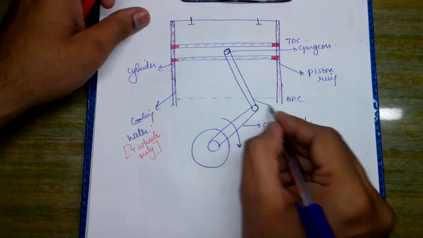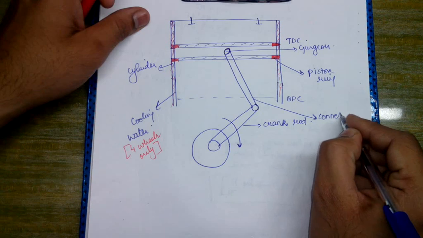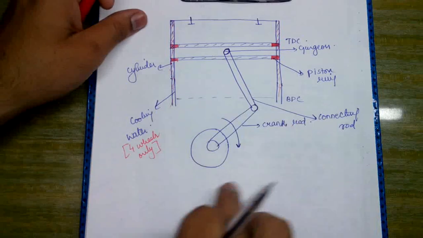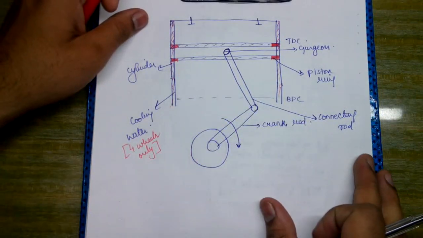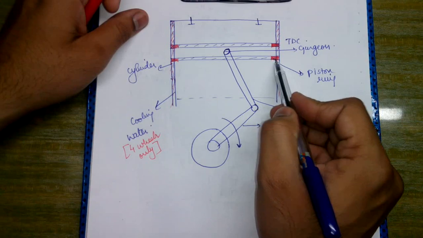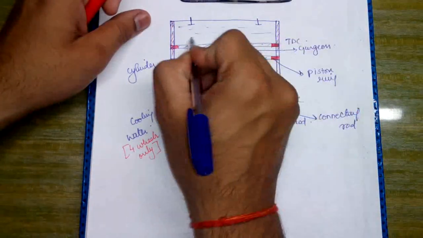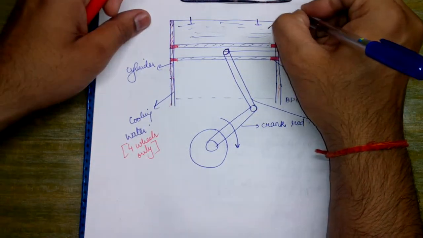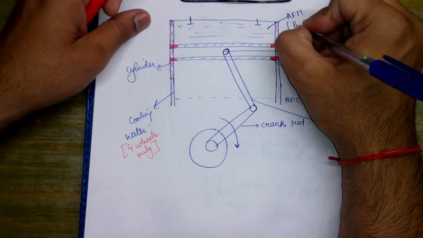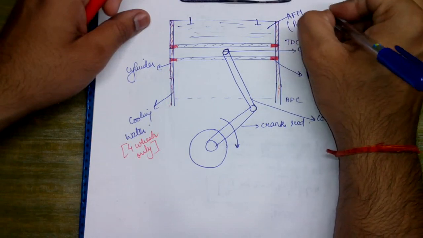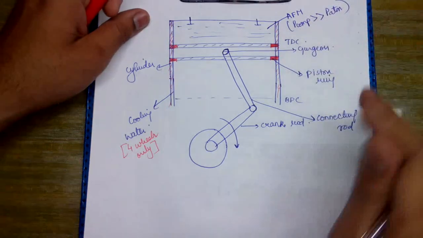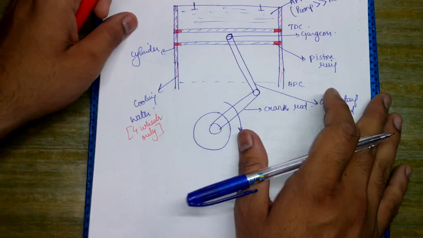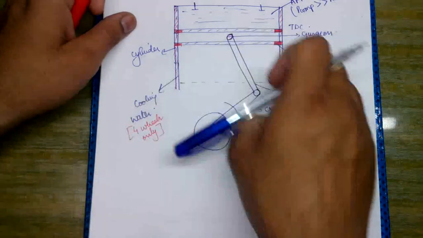Okay, this is the connecting rod, and this was the crank rod, and the crank rod is rotating at some angular velocity omega. These are the piston rings, and here we are actually obtaining the compression of the air fuel mixture. I will designate it as AFM, such that the pressure of compression is very high as compared to the atmospheric pressure. Okay, so now we will discuss what are the suitable materials for all these components.